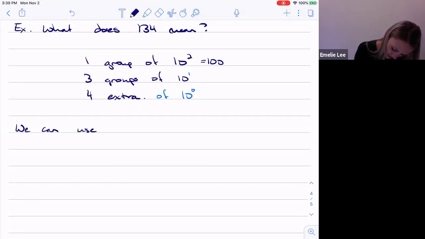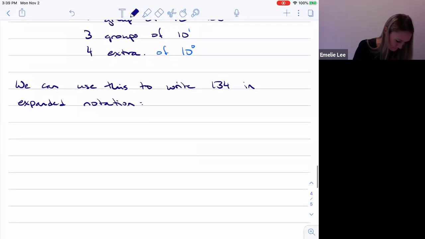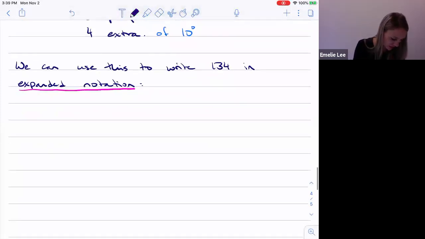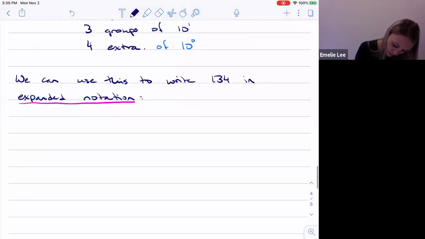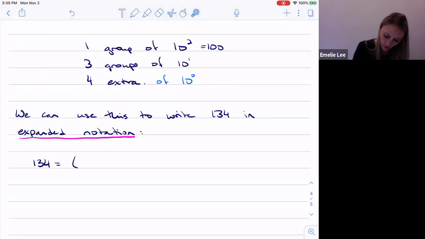We can use this to write 134 in expanded notation. And I'll underline this because it's not a definition per se, but it is how you do the expanded notation. So if you're looking back, 134 is going to be one group of 10 to the power of 2.